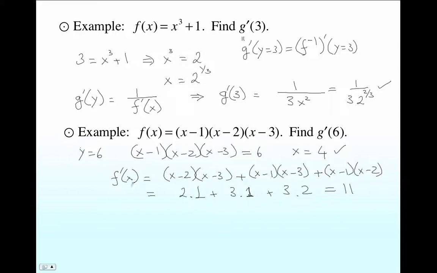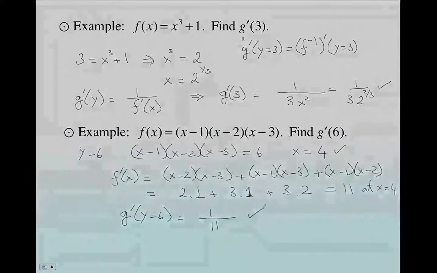And that's the value of f prime of x at x equal to 4. And so we found that g prime at the point y equal to 6 is just the reciprocal of that. So it's 1 over 11.